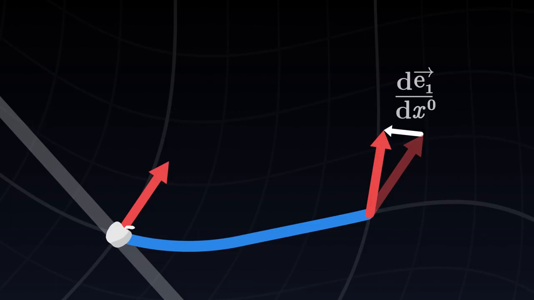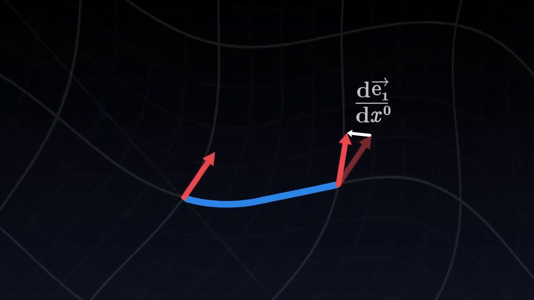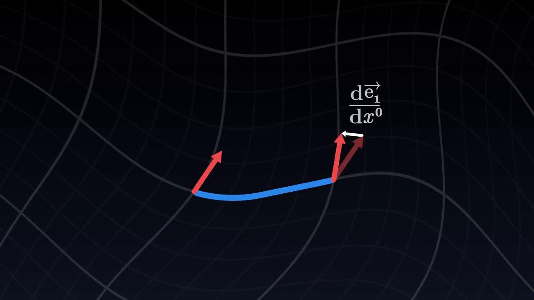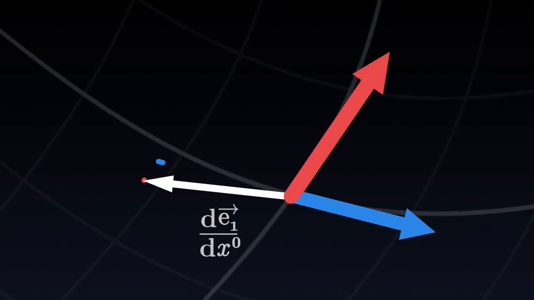This vector is very interesting because it no longer depends on the trajectory, but only on the structure of the grid itself. This vector can be expressed through its components, denoted by the capital letter gamma.